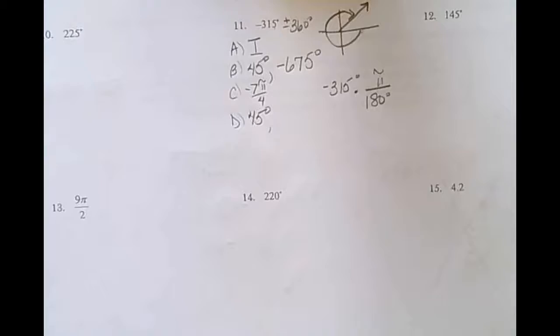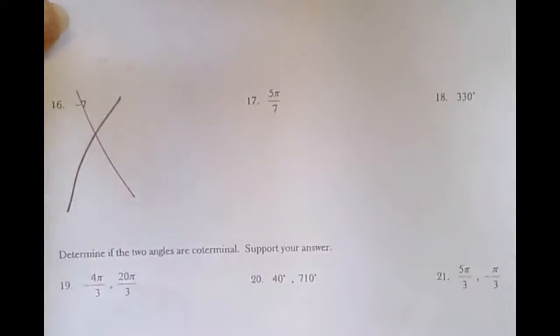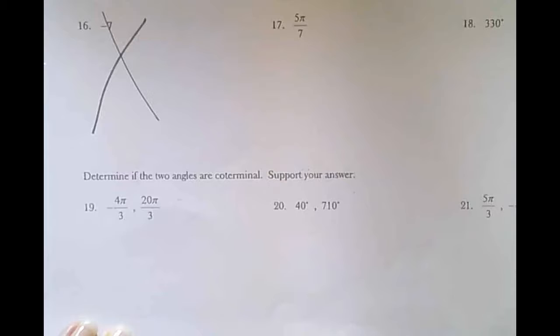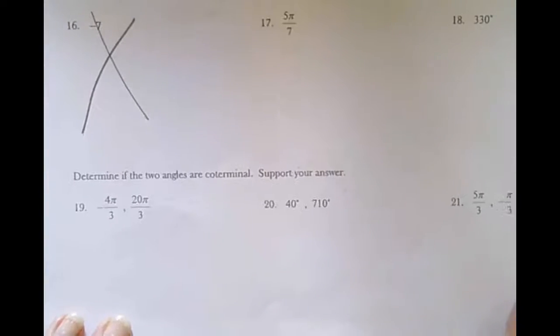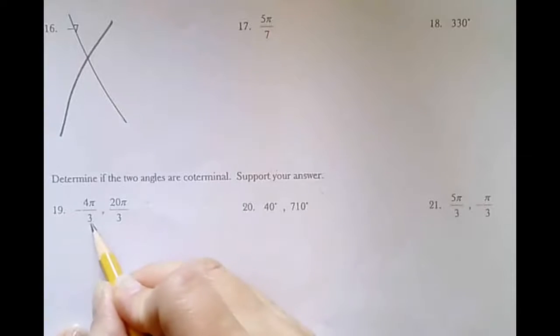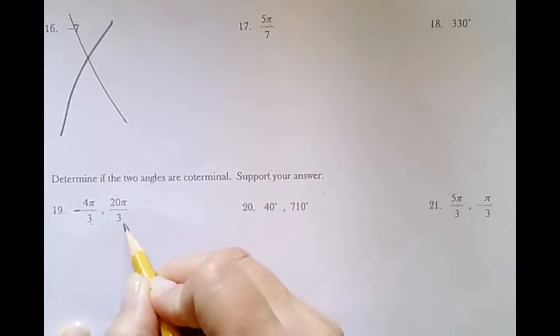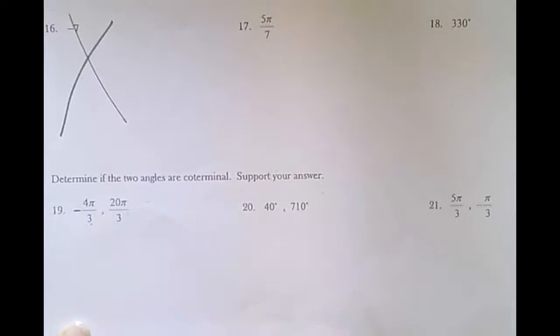We have a couple things going on down here. So number 19 we'll take a look at. I don't think I need to do them all. Coterminal angles. If we know that guys are coterminal, or if we want to see that they're coterminal, then starting at 1, pick 1 to start with, we want to know if the other guy is plus or minus a multiple of 360 or 2 pi.